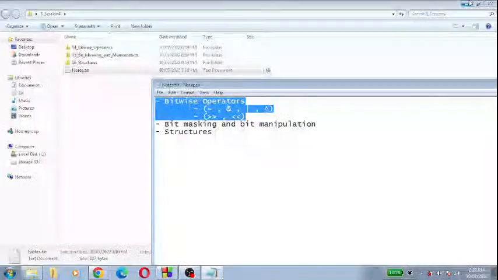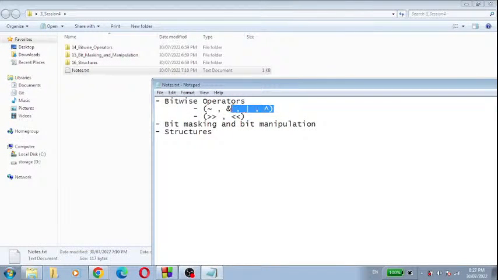We have all of these operators here. This is called bitwise not.